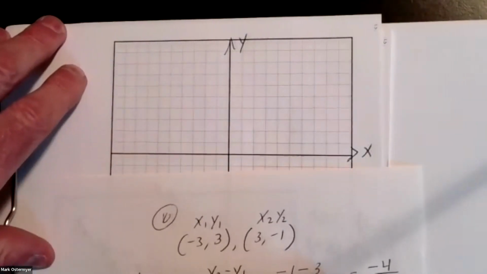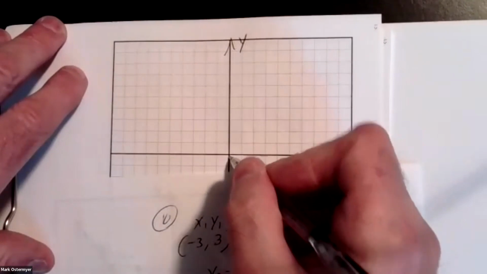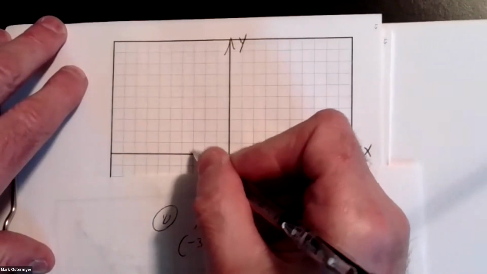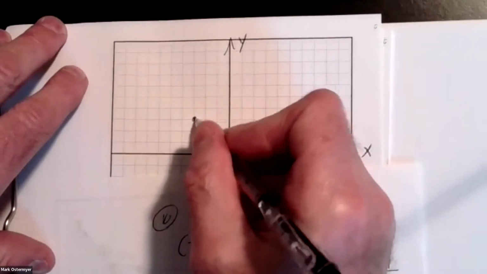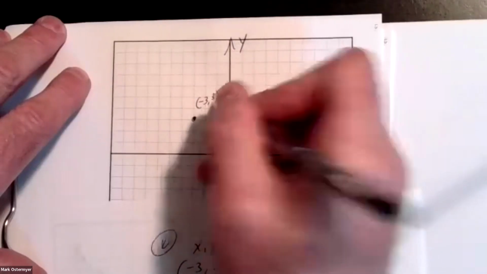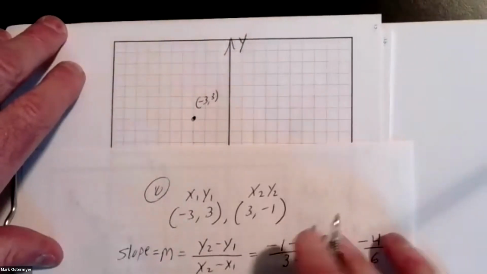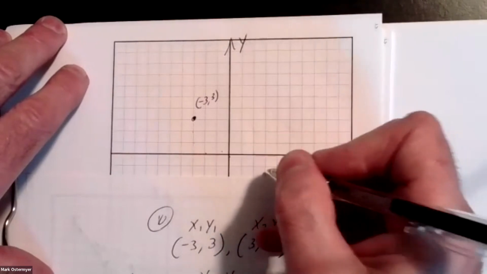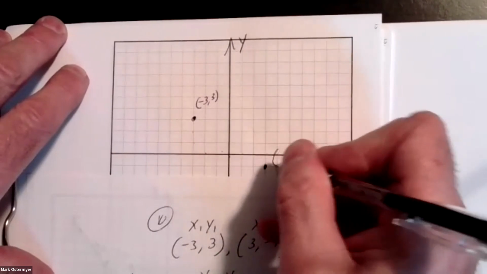So plotting the point -3, 3. 1, 2, -1, -2, -3, and then up 3. 1, 2, 3. There's -3, 3. And then we plot the point 3, -1. Start at the origin, go 3 to the right. 1, 2, 3, and then down 1. There's 3, -1.